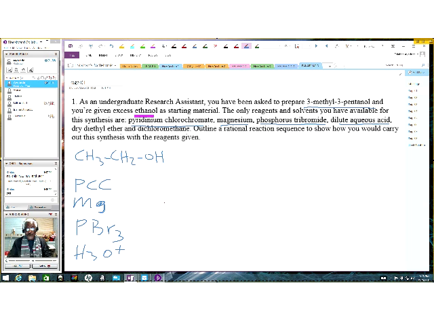It's also testing your knowledge of nomenclature here. So they want us to go from ethanol as the only source of carbon atoms to make this molecule here. 3-methyl, let us do this here.